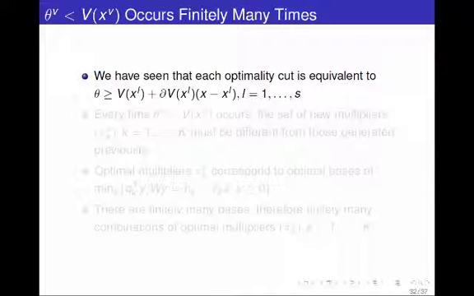So hopefully that convinces you that at every iteration I should be getting back a different set of pi's. But I'm gonna now argue that this can't go on forever. There are finitely many pi's that I can get back. Do you believe me, or you don't buy it?